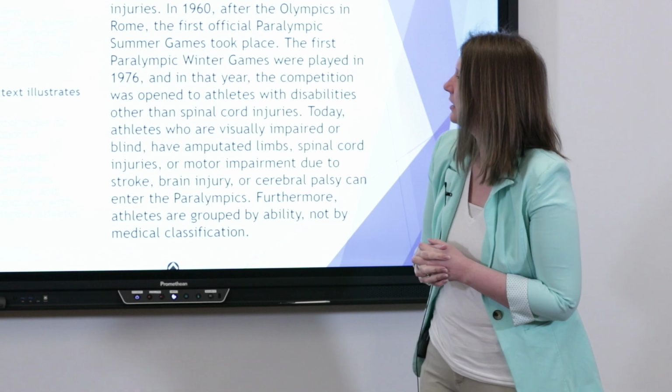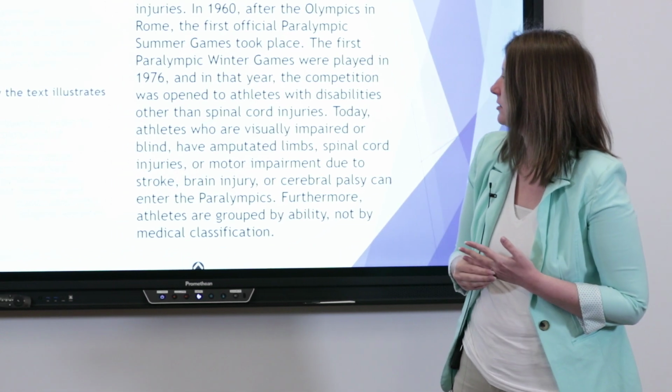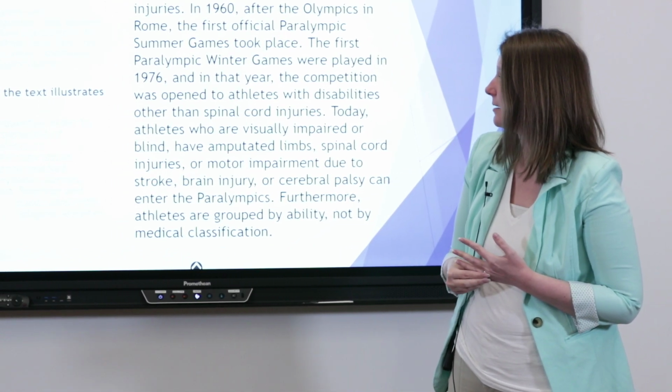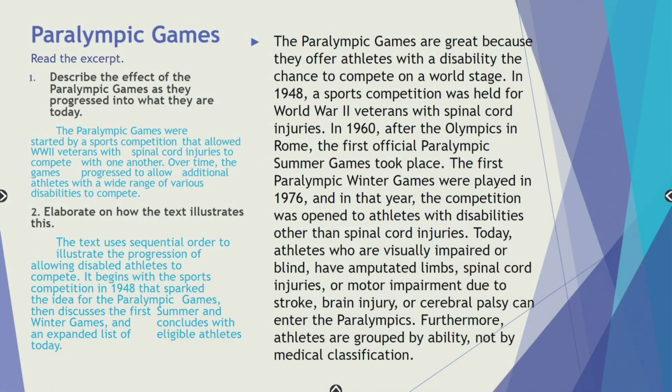Okay? So elaborate on how the text illustrates this. The text uses sequencing order to illustrate the progression of allowing disabled athletes to compete. It will begin with the sports competition in 1948 that sparked the idea for the Paralympic Games, then discuss the first summer and winter games, and conclude with the expanded list of eligible athletes today.